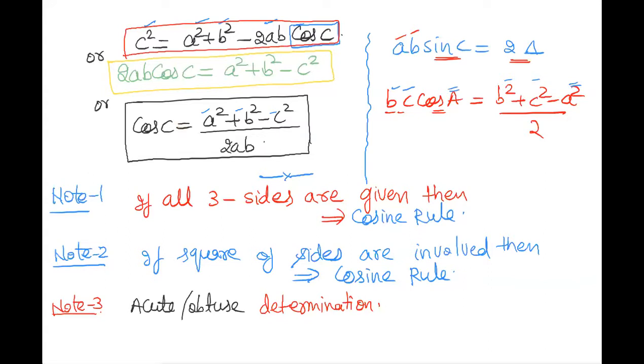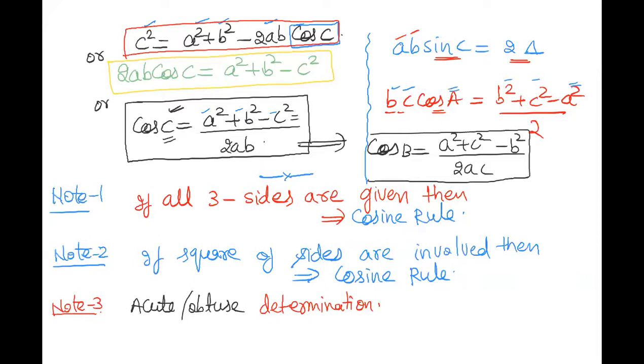This is not only like this; I can also write cos B. If you want to write in terms of b, here b comes in subtraction, so minus b², and the other terms will be a² + c² − b² over 2ac. Like this also I can write. This is also the cosine rule.